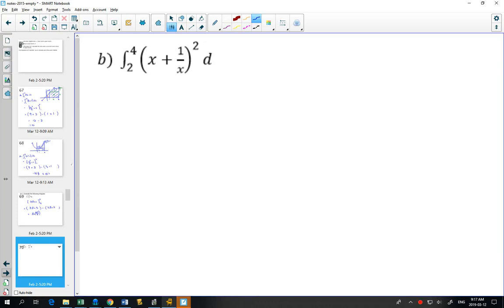Oh, there's issues with x's. Does yours have an x on that one? It does. Do you notice in this one that we have a function inside of another function? When you have a function inside of another function, that's usually a chain rule.